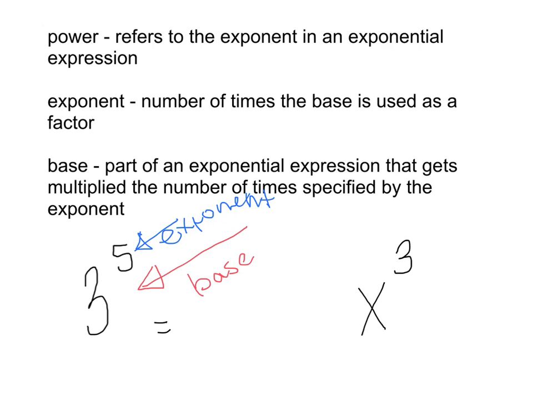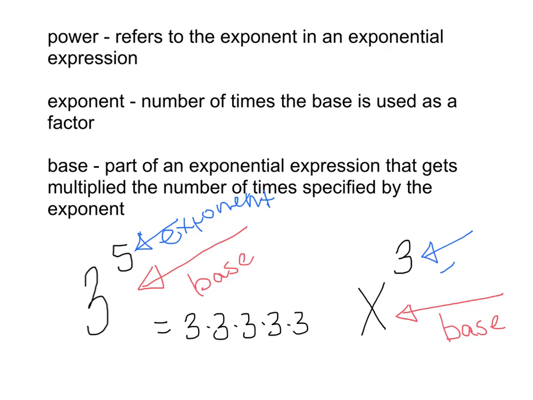So 3 to the 5th power means 3 times 3 times 3 times 3 times 3. Okay? Same thing when you have something with a variable in it. For instance, if I had x raised to the 3rd power, in this particular problem, the x is the base and the 3 is the exponent.